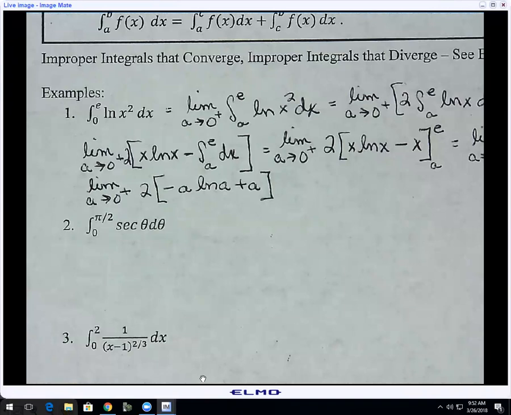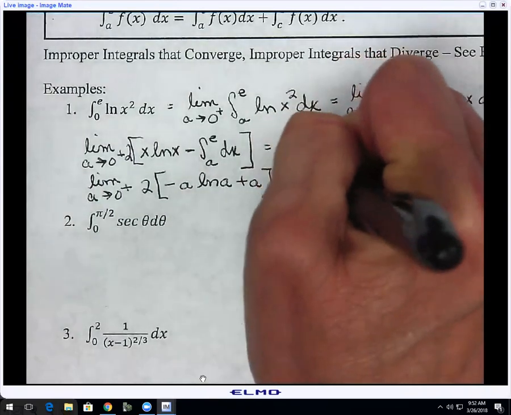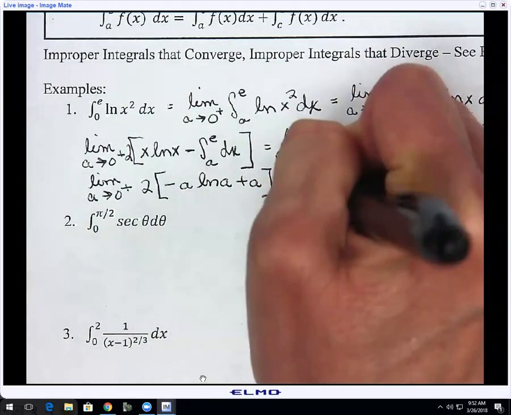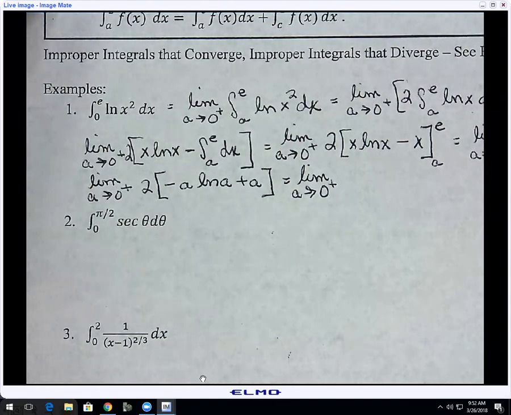All right, so, gosh darn it, we can't do this. Can't take the limit in that form. It's not one of the forms that we can use L'Hopital's rule on. Can you think of how we could rewrite it to get something that we could use L'Hopital's rule on?